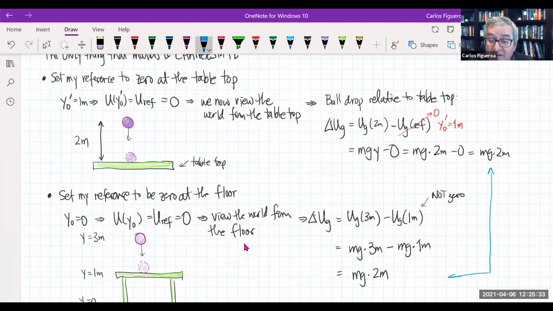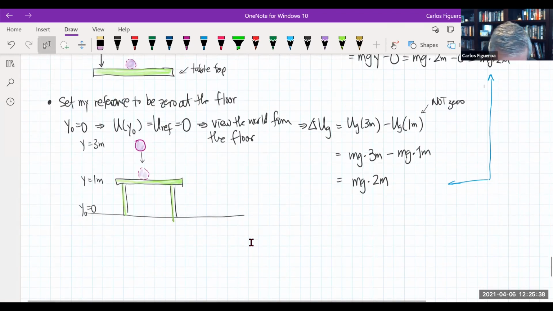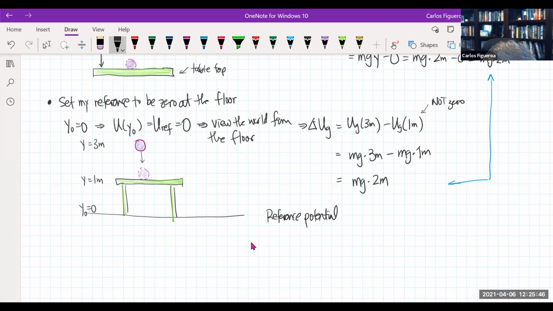What that's telling you is that the reference potential being set to 0 is arbitrary.